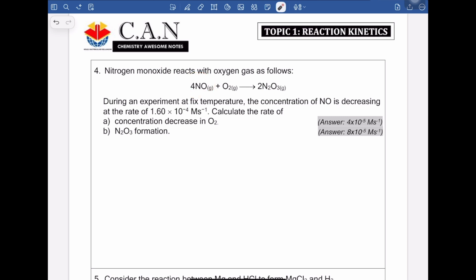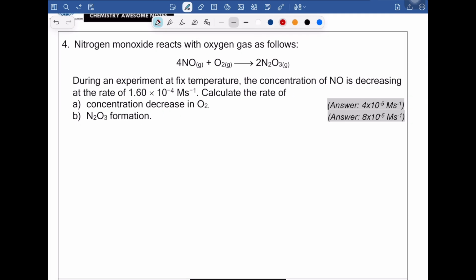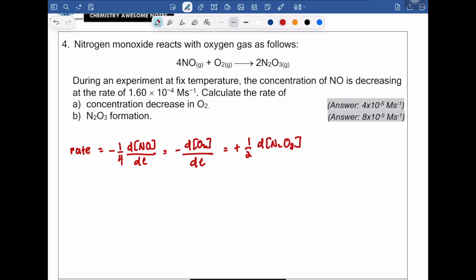Calculate the rate of concentration decrease in oxygen and this one. Again, as usual, write your differential rate equation first. So rate equals negative 1 over 4 d[NO] over dt equals negative d[O2] over dt, and equals the rate of formation for this.